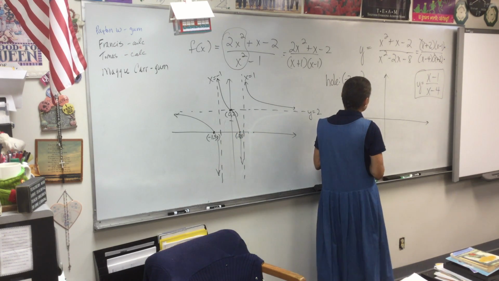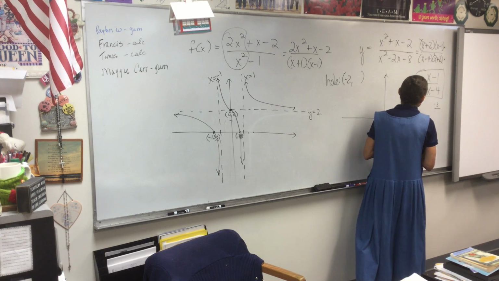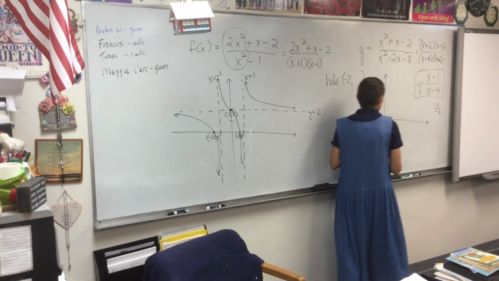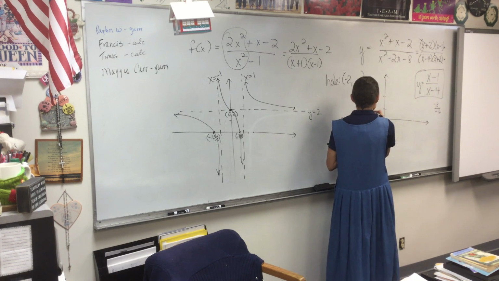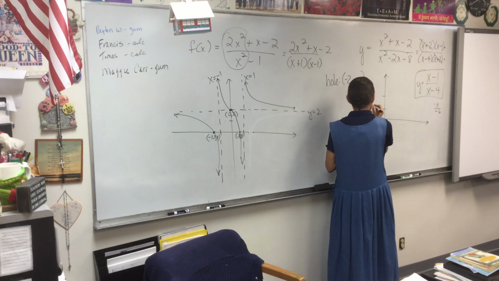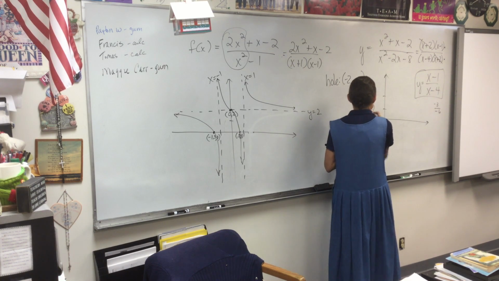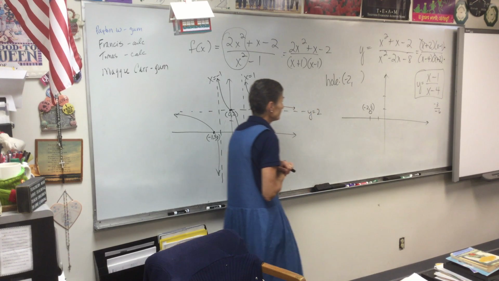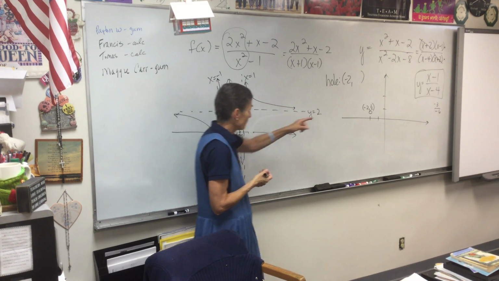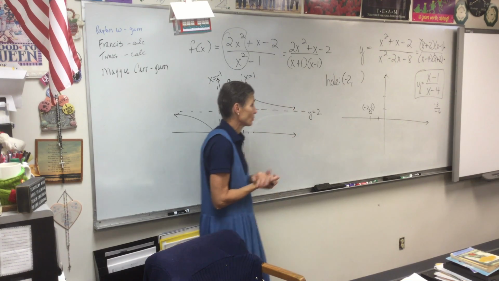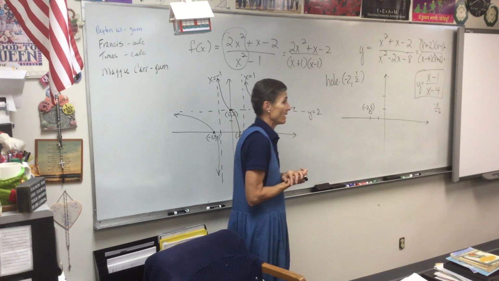What do I get if I put -2 in there? I get -3 over -6, which is 1/2. So I have a hole at the point -2 comma 1/2. So I plot that now on my graph as a little open circle at the point -2 comma 1/2.